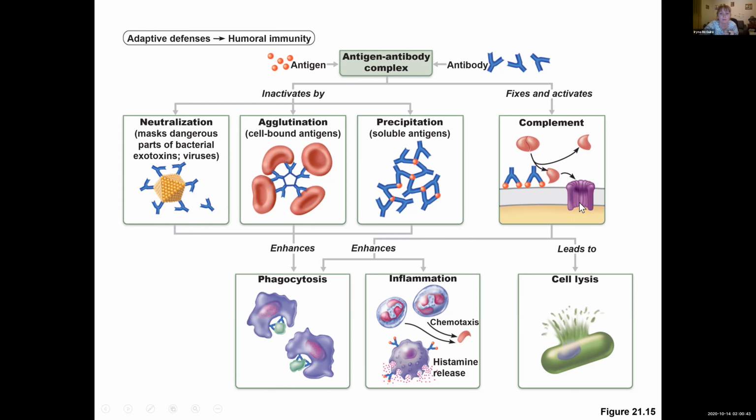And remember how complement forms this membrane attack complex, making kind of holes, and we have lysis of cells. And of course, all of these processes enhance phagocytosis and inflammation, and complement leads to cell lysis.